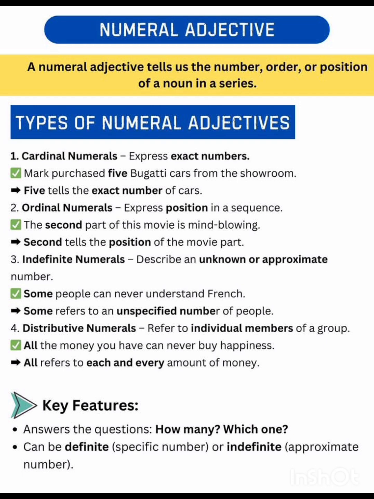Now, what are the questions that we need to answer while understanding this particular concept? How many, which one, what position. When we use this kind of adjective, it can be a specific number, or it can be an approximate number.